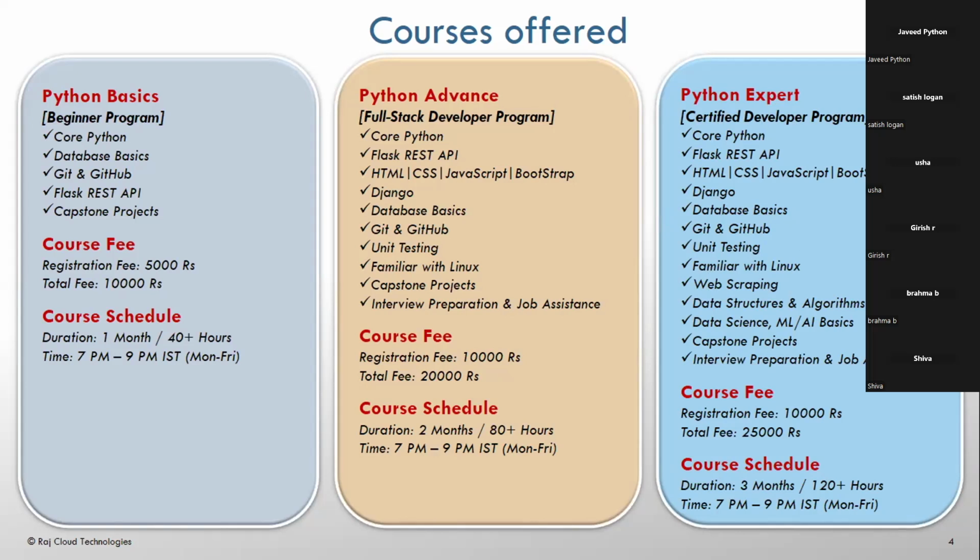For any language, say for .NET you have MCTS, Microsoft Certified Specialist. For AWS you have Associate, Architect, all this. Like that Python also has certifications. So you can clear the developer certification with this content. But the course completion certificate, of course, you will get from Raj Cloud Technologies for all the courses.